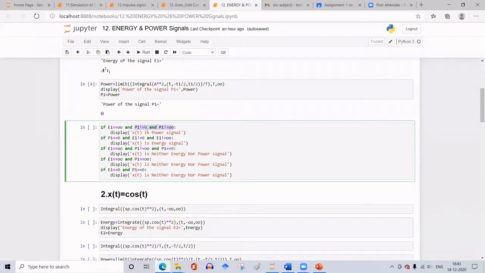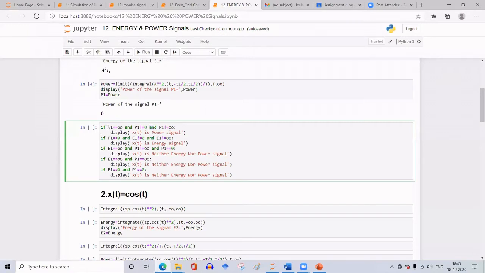So this condition is true if P1 is finite, along with E1 being infinite. If power is finite and E1 is infinite, it is a power signal, is it not? See, all are ANDed, which means all three must be true.